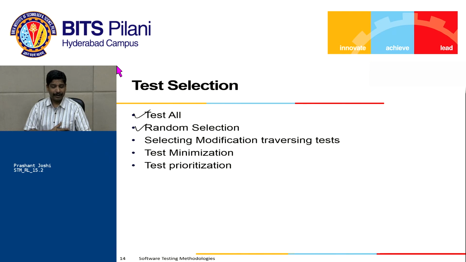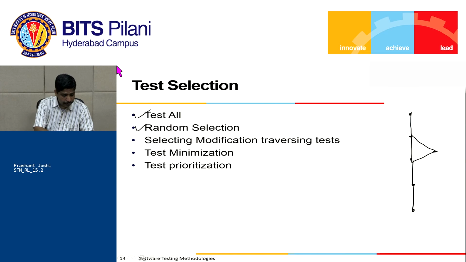Selection of test cases based on traversing tests. So now I have modifications which are done in my control flow graph. And to this control flow graph, what we have now added is further functions or further selection.